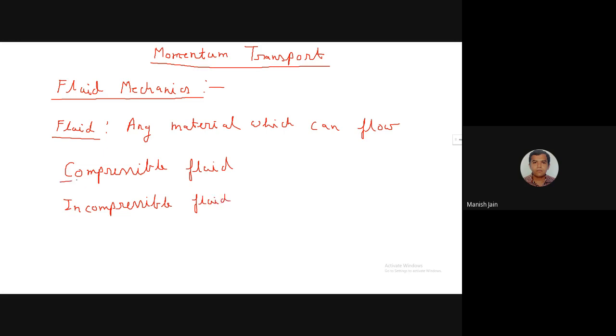So what is the compressible fluid? Compressible fluids are the fluids where the density of the material can be changed with changing of the pressure. So you can change the density of the material with change of the pressure. That is the compressible fluid.